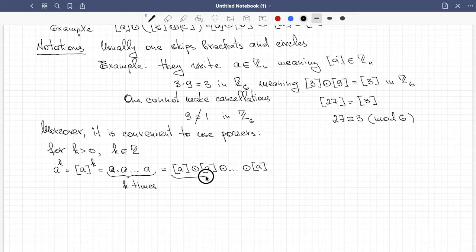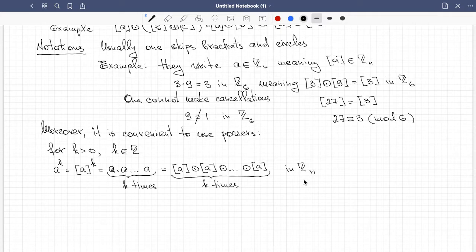in Zn, Z mod n. So all of them are assumed to have the same meaning. We are doing calculations in Zn. This is not a statement.